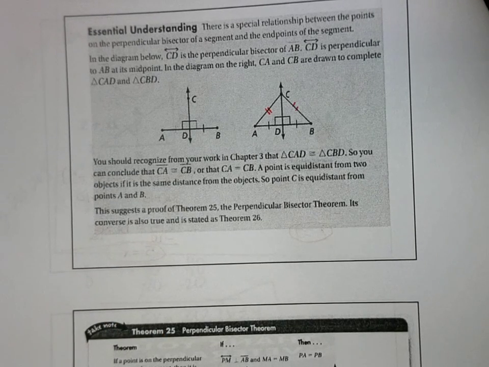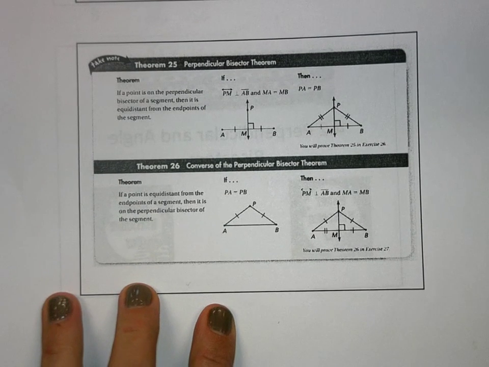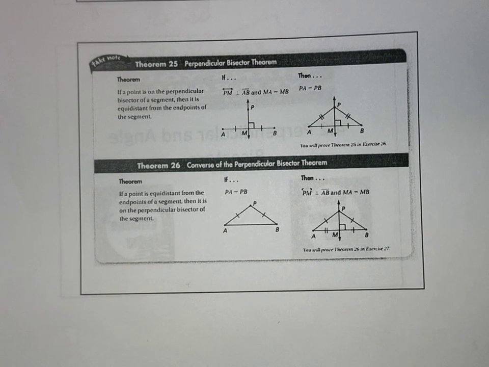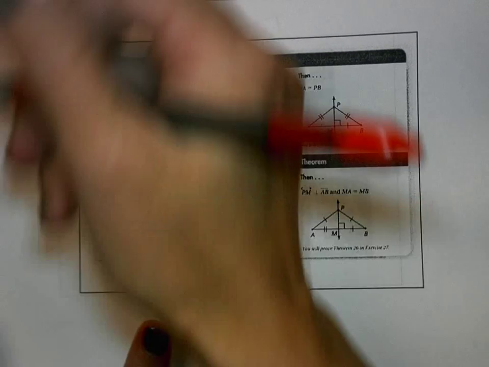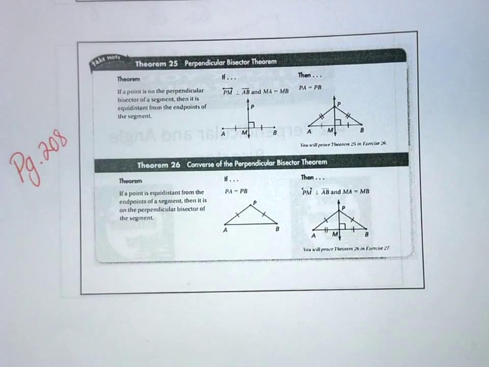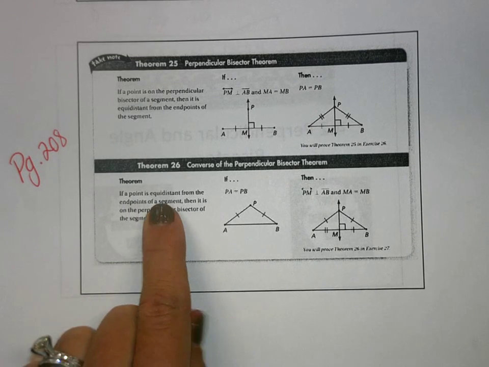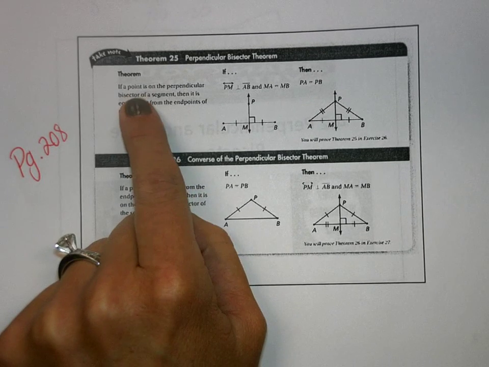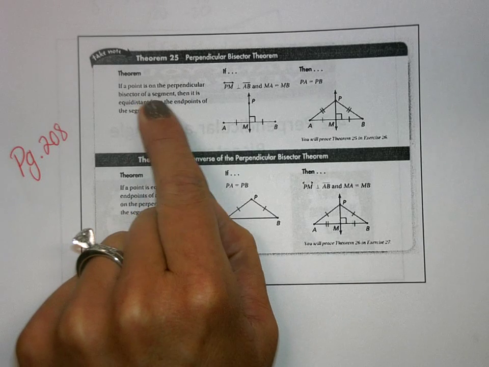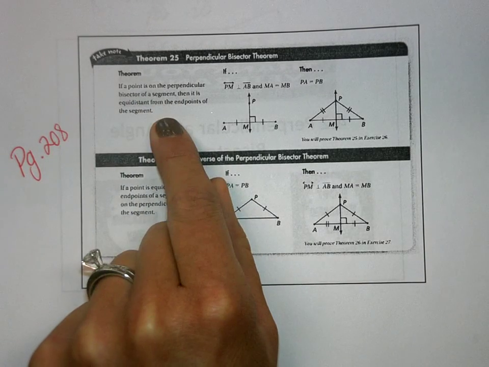Here are the theorems. This is on page 208 now. If a point is on the perpendicular bisector of a segment, then it is equidistant from the endpoints of the segment.